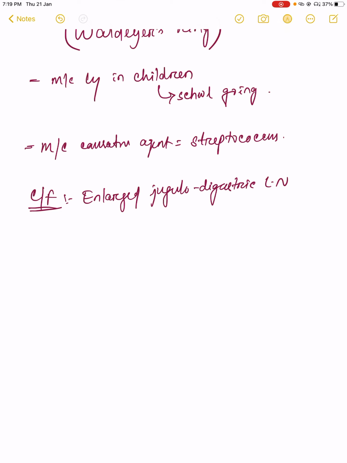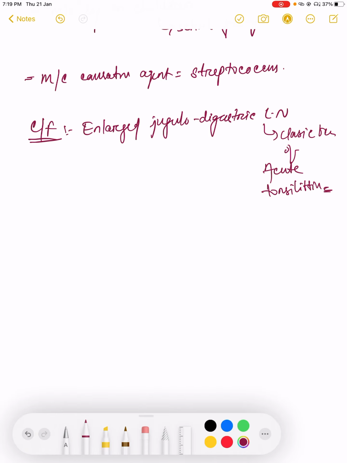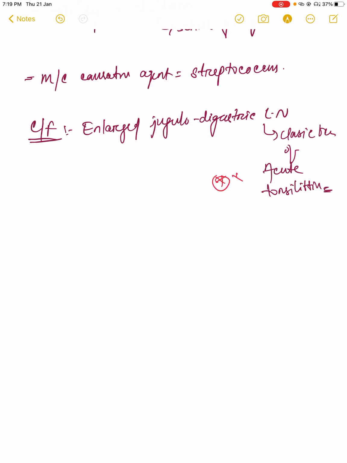This is the classic feature of acute tonsillitis. Okay, so remember this, most important in every exam, in viva, in NEET PG, in your university exam, everywhere.